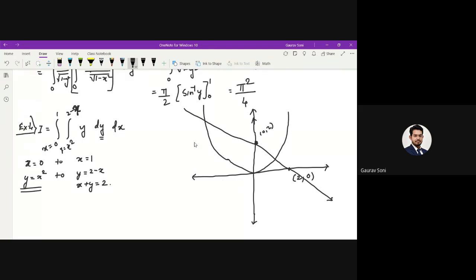Okay, y equal to x square is this. I want to identify the region. We have seen that double integration is always done over a region in the xy plane. What is this point of intersection? How do we find the point of intersection of a parabola and a line?